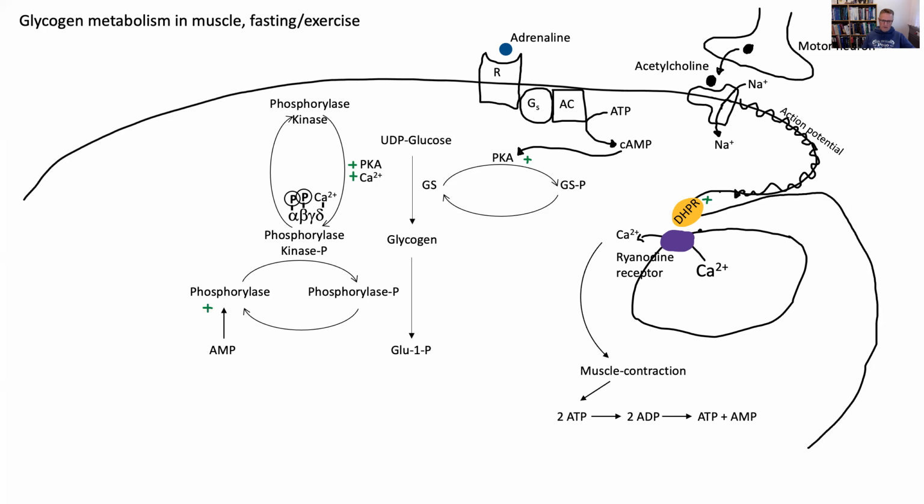We also know that there are other regulators of glycogen metabolism. For instance, when we release calcium from the sarcoplasmic reticulum, it will, as you know, stimulate muscle contraction, and the muscle contraction by itself will also use quite a lot of ATP.